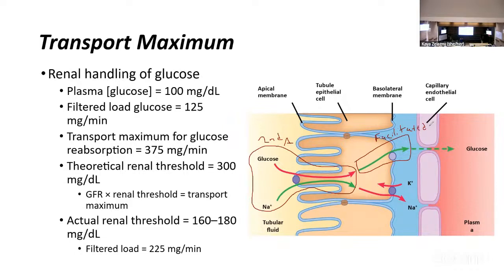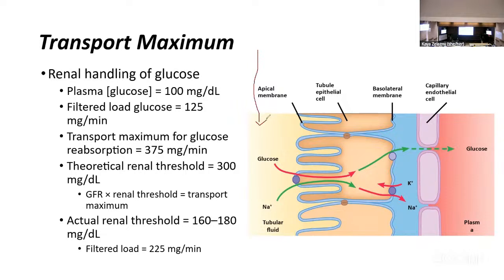So for our filtered load for glucose, because our typical glomerular filtration rate was 125, just multiply across: the filtered load of glucose is 125 milligrams per minute. So that's how much glucose we're thinking about coming through the tubular fluid.